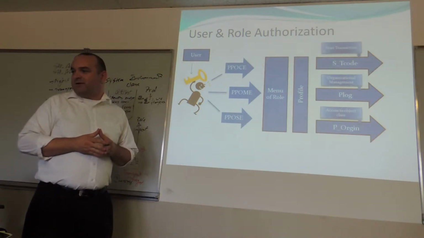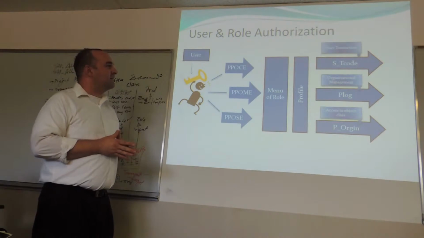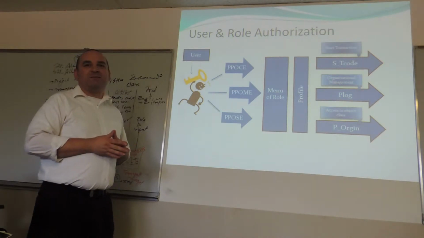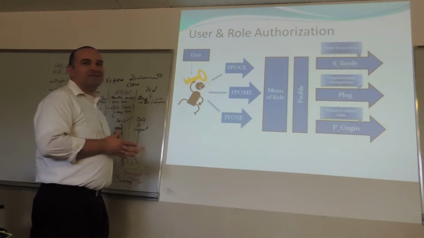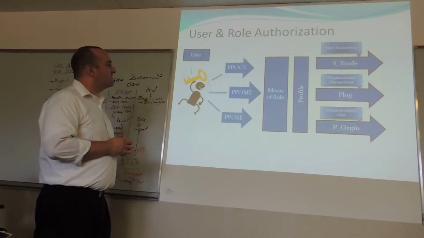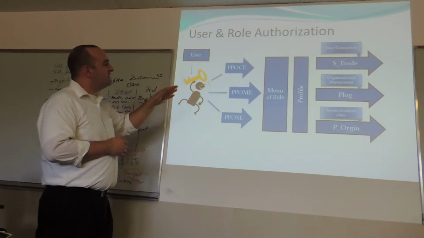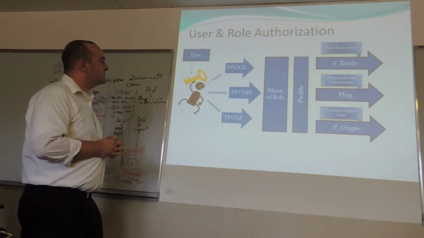Now, user and role authorization: you have your user, he's ready to start his day, but he needs the key to be able to function properly. So he's an OM administrator, as you can see, or analyst. He needs to use PPOCE, PPOME, and PPOSE to perform his job.